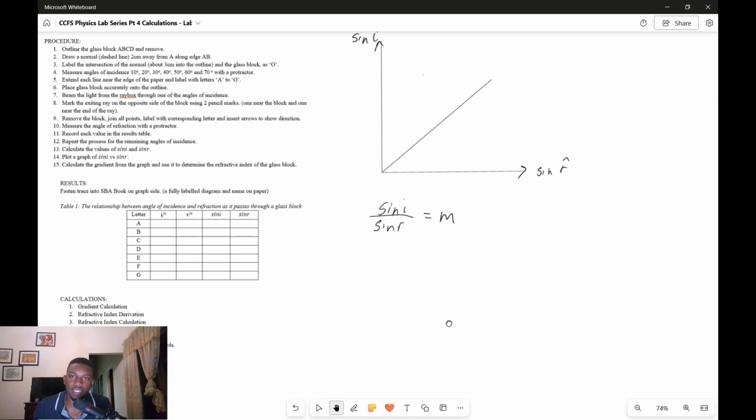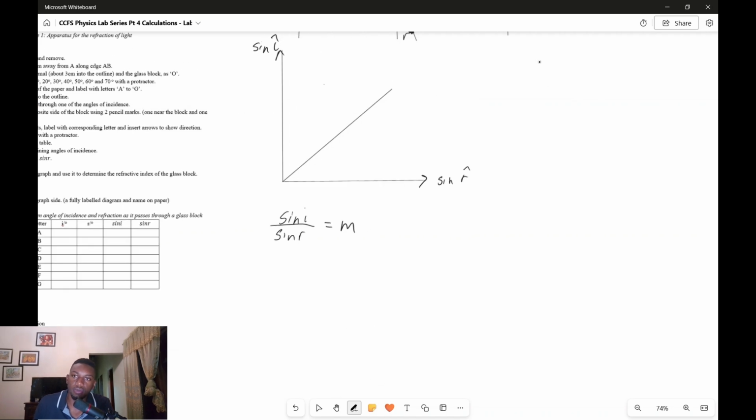On the physics half of it, we know that n1 sine I is equal to n2 sine R. All right, so we just need to put this in terms of I over R. So sine I over sine R is equal to n2 over n1.